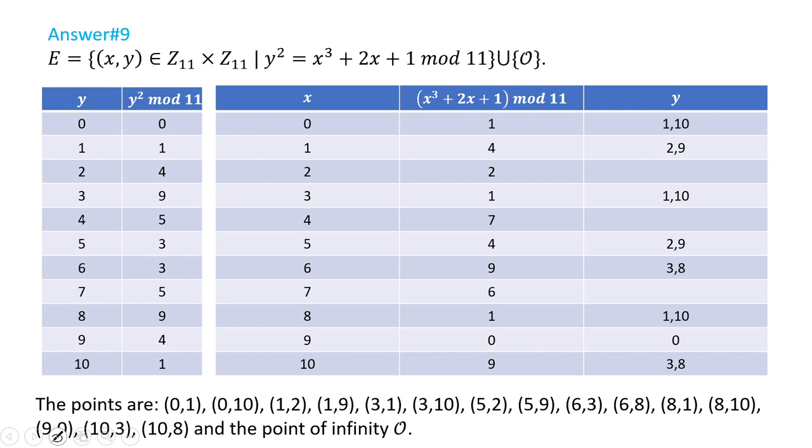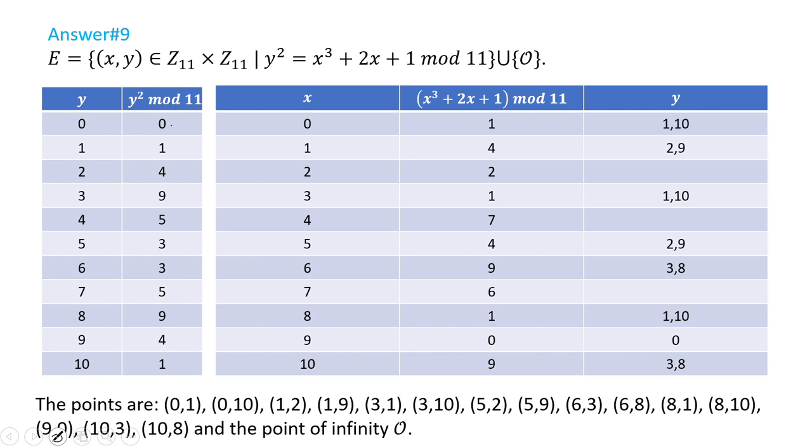For example, 4 square is 16, 16 mod 11 is 5. 5 square is 25, 25 mod 11 is 3. 6 square is 36, modulo 11 is 3. Like that you compute all the y square mod 11 for y belonging to Z11.